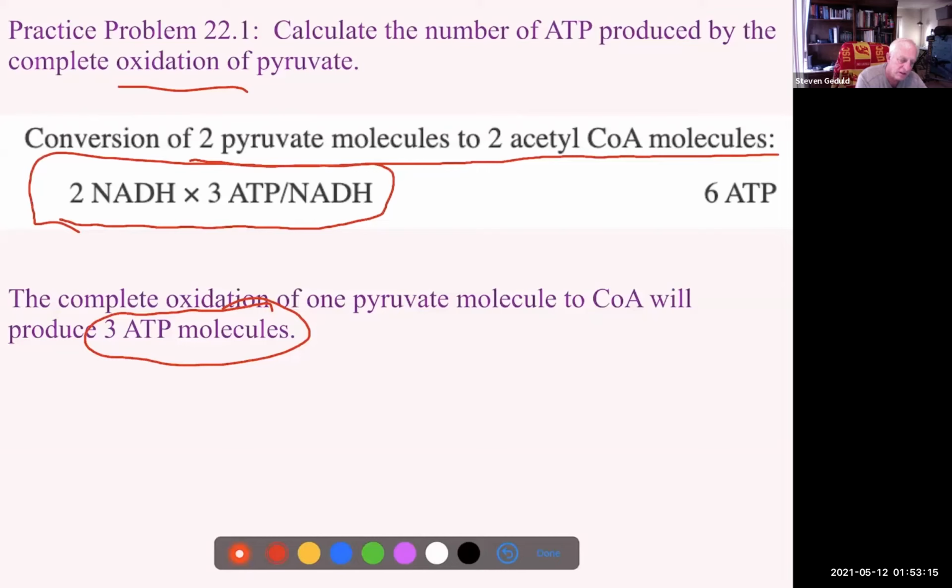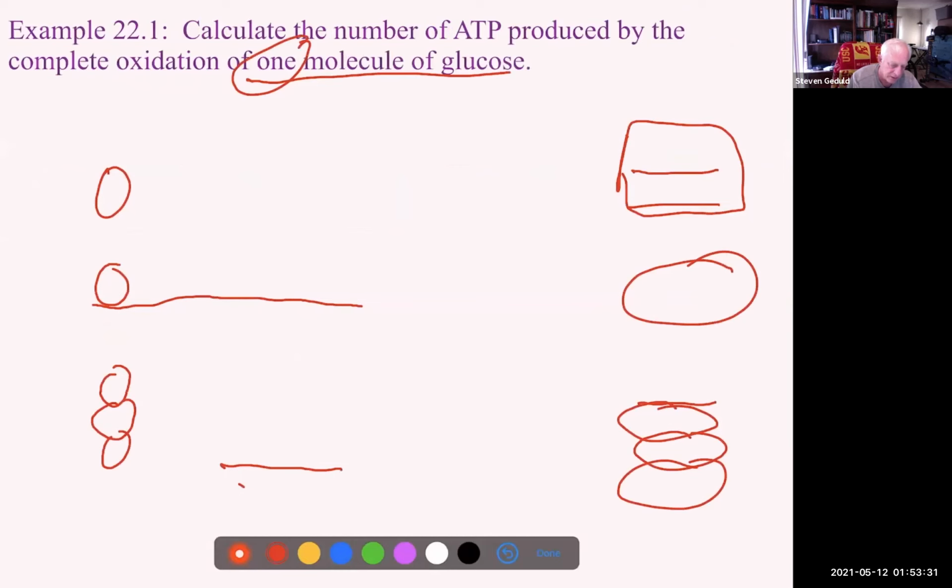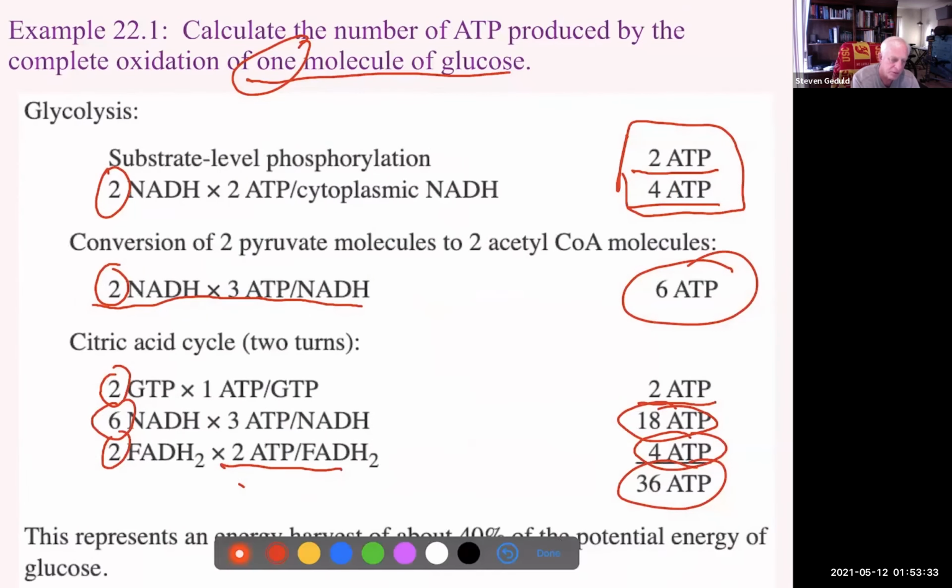If you run from glucose like we had before, we have the 2 pyruvates. So if you only ran 1, you would have 3 ATPs. Let's go back to right here. Okay, this is what we're talking about. This is a pyruvate molecule.